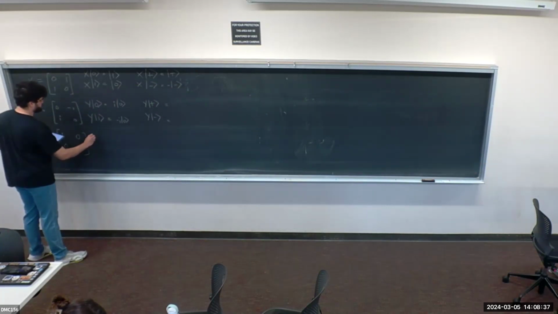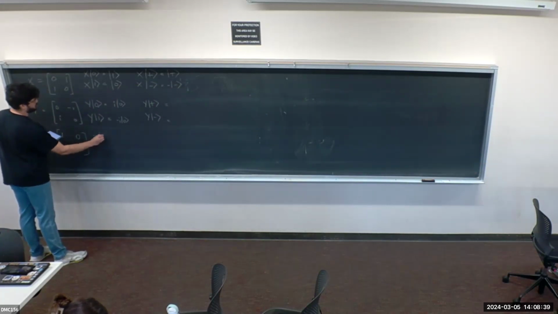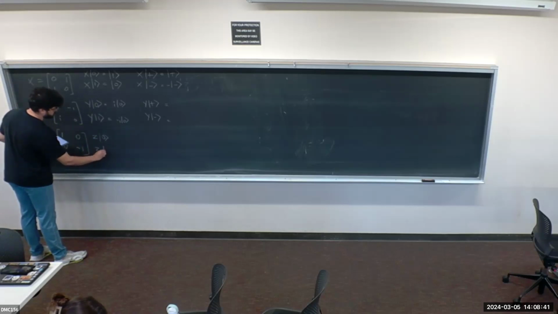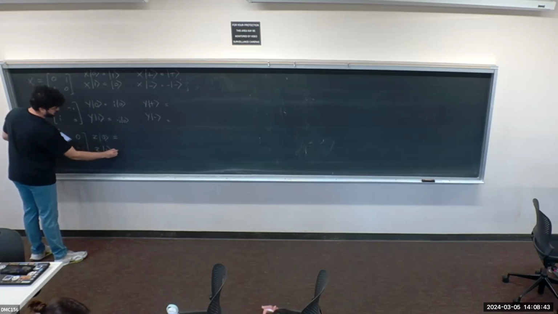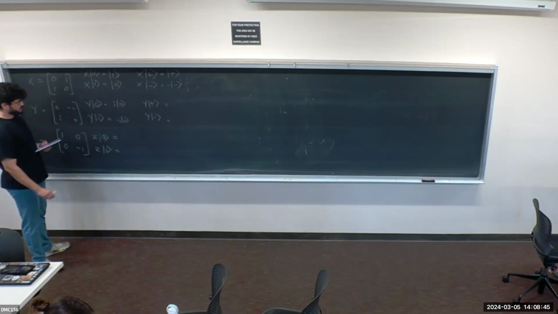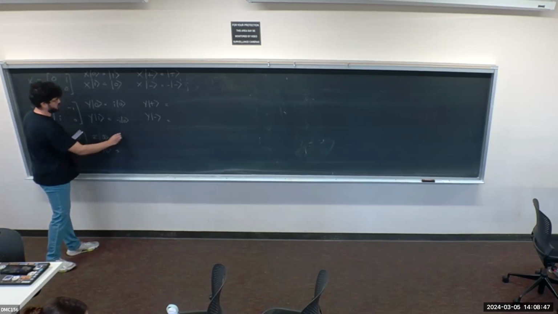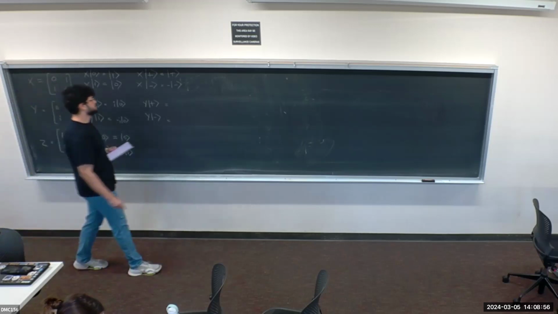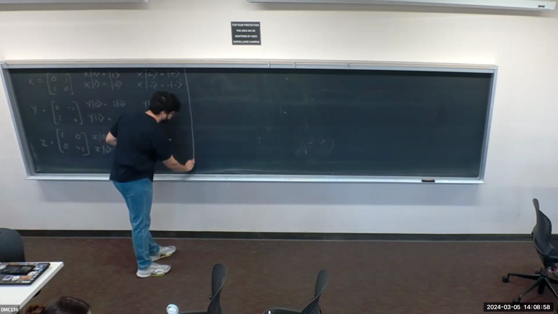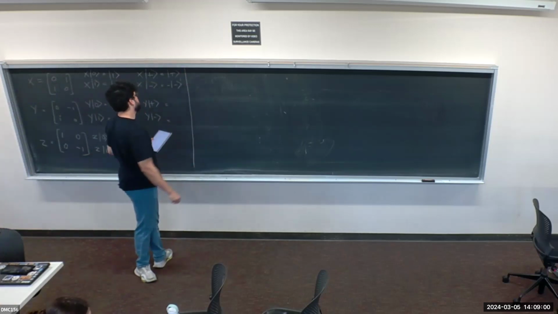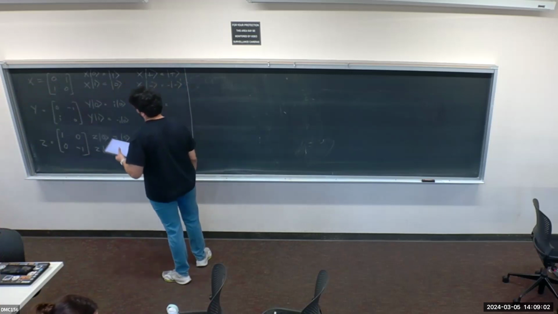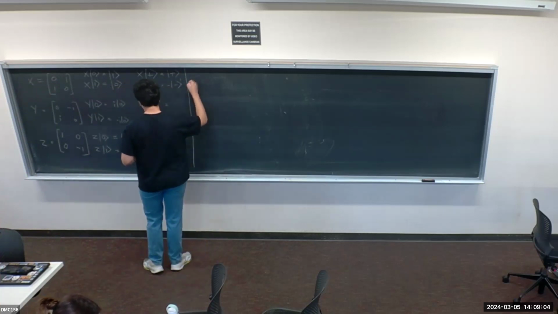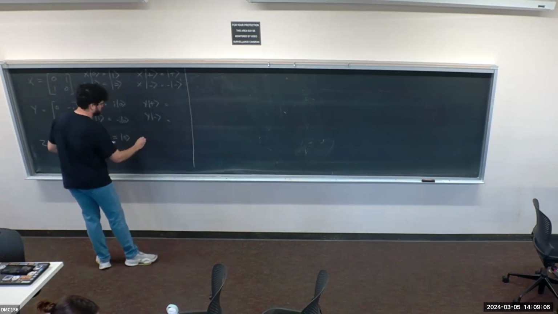Okay, what happens to 0 and 1 under the action of Z? So 0 stays 0 and 1 stays 1 with a minus sign. Another operator that we use regularly, let's also see what happens to the plus and minus.